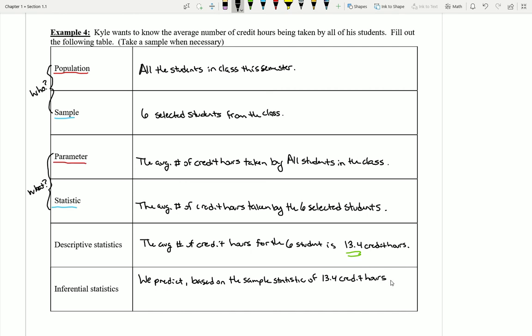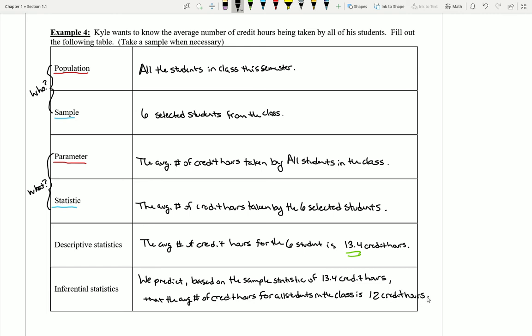So I'm making a prediction based on what I know that the average number of credit hours for all students in the class is, I don't know, how about 12 credit hours?